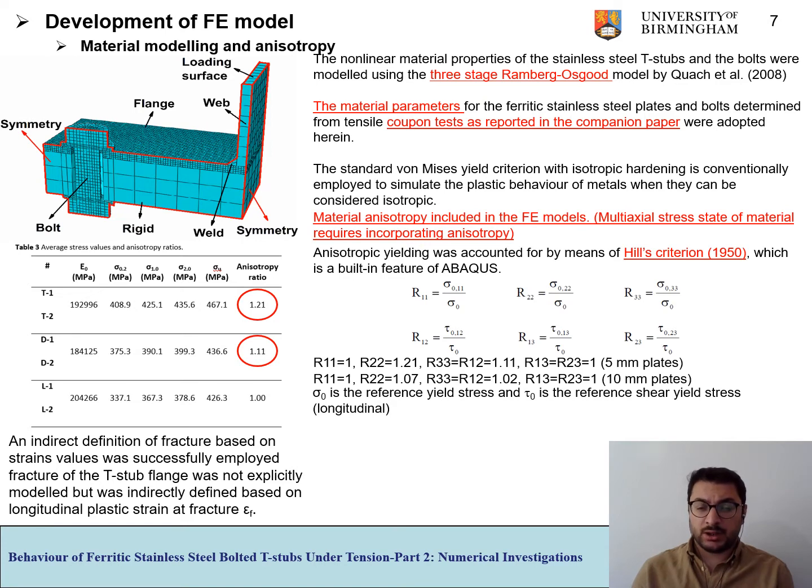Material anisotropy was included in the finite element models because the multi-axial stress state of the material requires incorporating anisotropy during bending and under extreme deformation. Anisotropic yielding was accounted for by means of Hill's criterion, which is a built-in feature of Abaqus. The coefficients are calculated based on the data given in the companion paper.